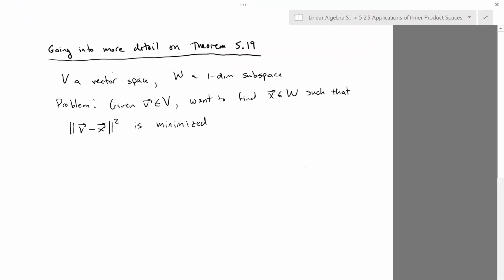But one thing you should notice is that minimizing this is the same as minimizing the norm of the difference without the square, right?